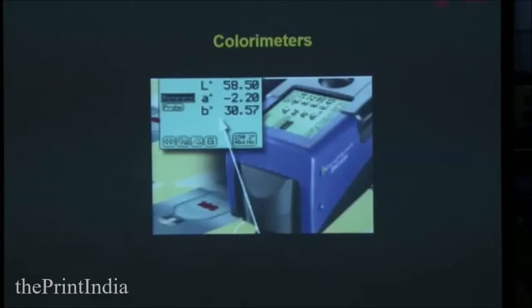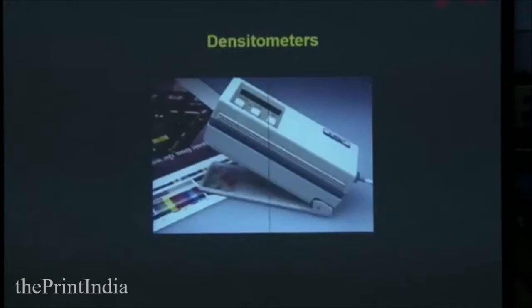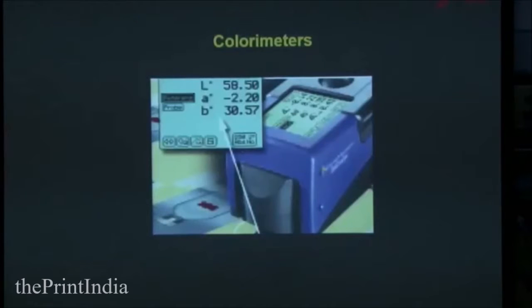But there are instruments which we need to use, because especially in packaging and many times in other printing we also use special colors. To measure special colors, we need an instrument called a colorimeter, which can measure variation within the one-third of the spectrum. Okay? Any question?